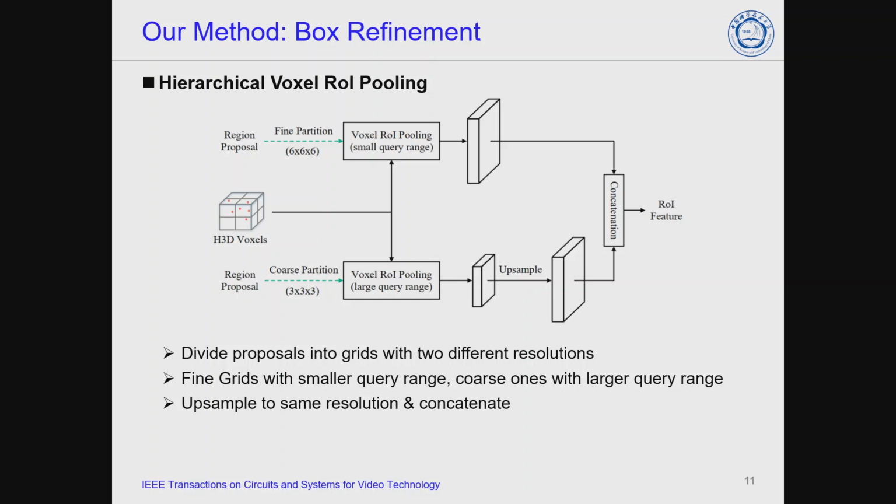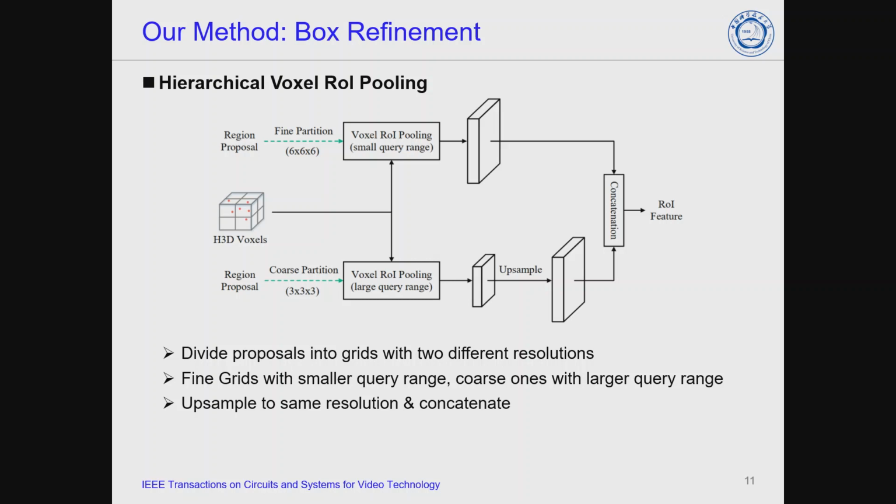In voxel RoI pooling, the computational cost of grouping neighbor voxels grows cubically with the partition grid number and the query range. It means that if both the grid number and query range are large, the computation cost cannot be neglected. In HV RoI pooling, we divide the proposals into grids with two different resolutions. The fine resolution is equipped with a small query range, while the coarse one is equipped with a larger query range.